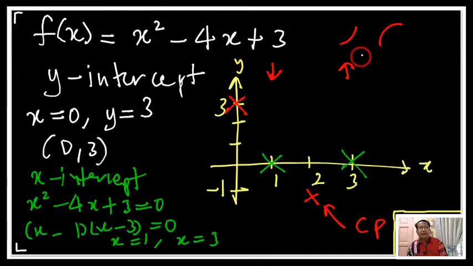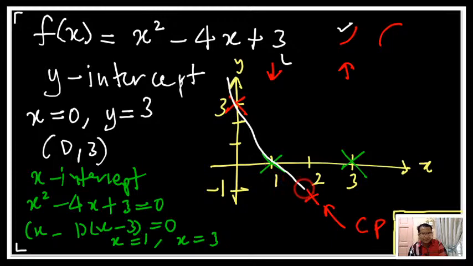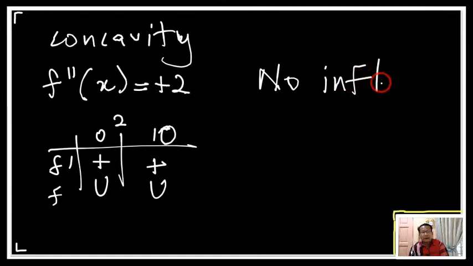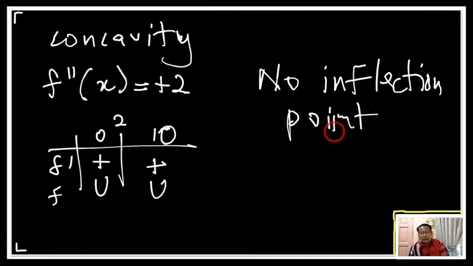So in the graph here, it should be concave up, go down, concave up like this. Actually, you can see that the graph is like this. Since no change in concavity, no inflection point. If you have down then up or up then down, then you will get an inflection point.